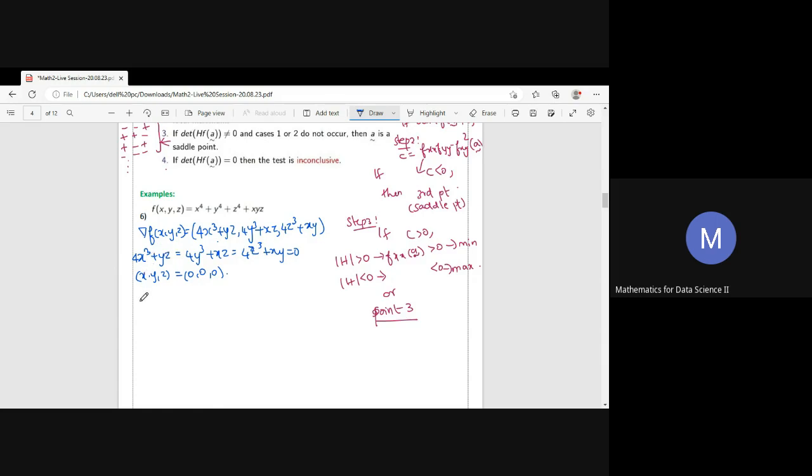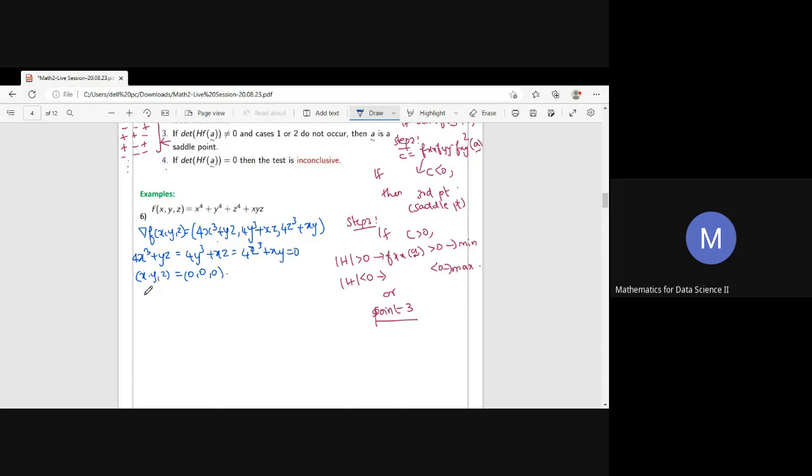So first let us take the first equation. You have 4x cube plus yz equal to 0 and also 4y cube plus xz equal to 0. For simplification purpose, let us multiply this with x and this with y and this with z.